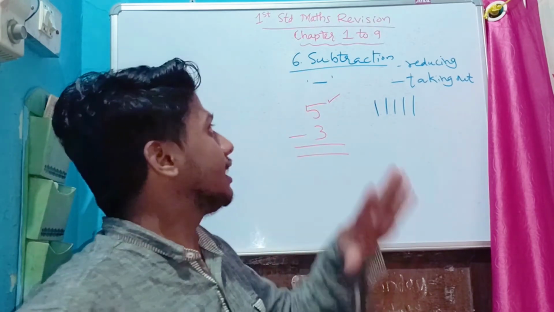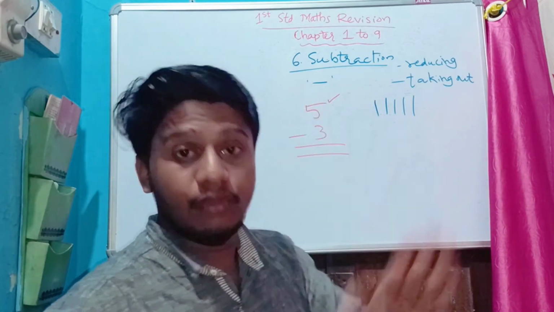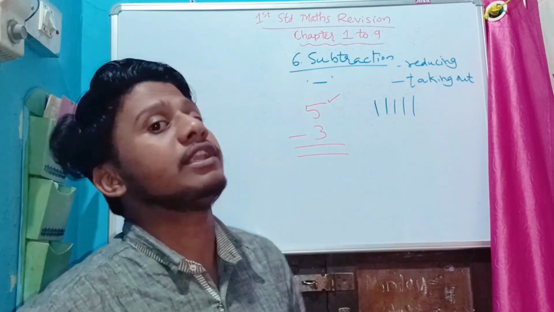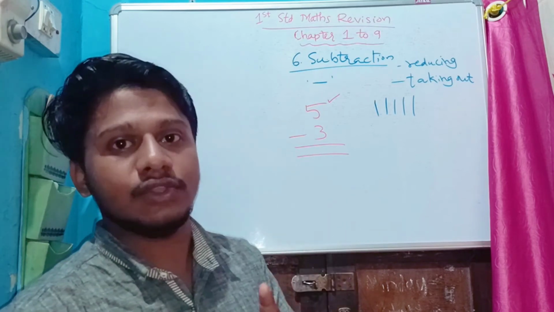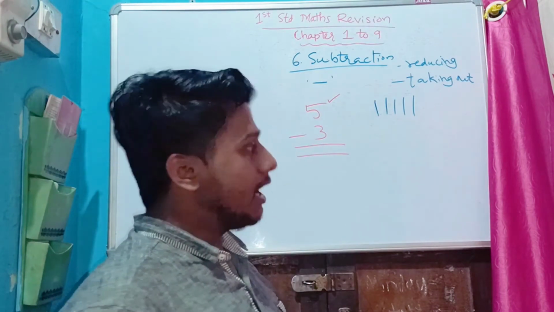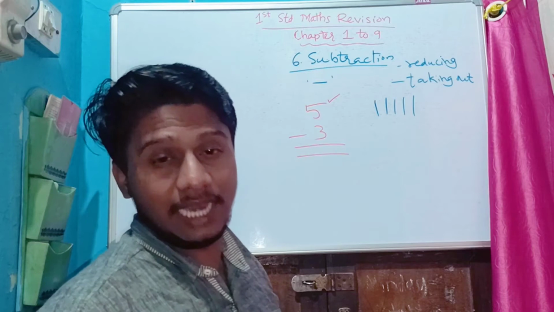Clear with that? In subtraction means what? You are taking out, means, or you are reducing the number here. So what you are doing, you have 5 chocolates, you eat 3 chocolates now. So how many chocolates you are remaining with? 2 chocolates, no? So like that here, 5 lines are there. So out of which you have cancelled 3 lines.